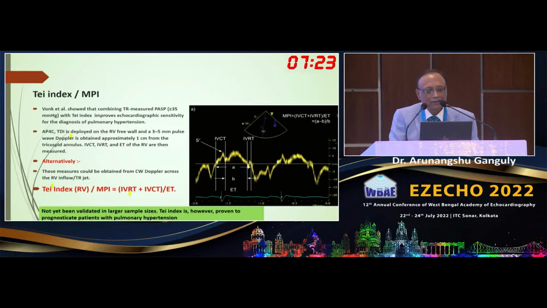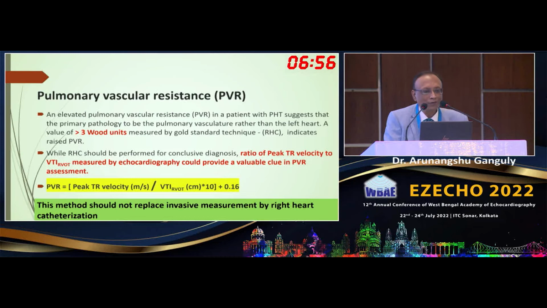TE index in association with PASP, TE index is nothing but IVCT plus IVRT divided by ejection time. That is the myocardial performance index. Now, this correlates with PASP, with the presence of pulmonary hypertension. However, it is helpful in prognostication, not for validation.